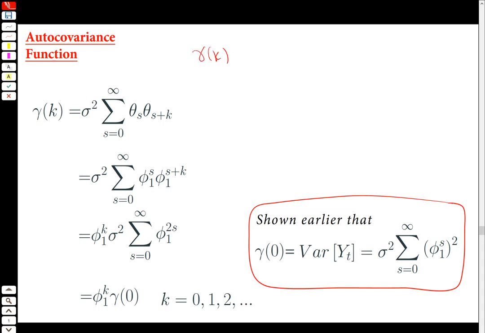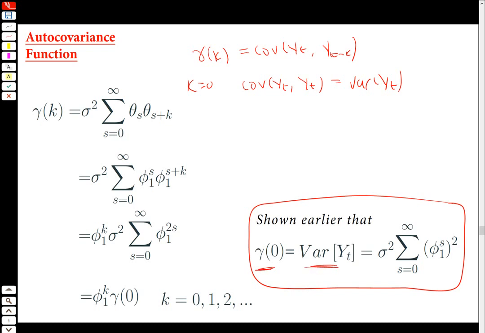So we know then we can just use the geometric progression formula. Remember the general formula, 1 plus x plus x squared plus x cubed forever is equal to 1 over 1 minus x, when x is less than 1 in absolute value. So if we just evaluate it at x equals phi1 squared.